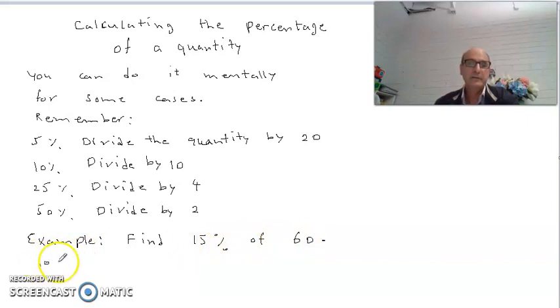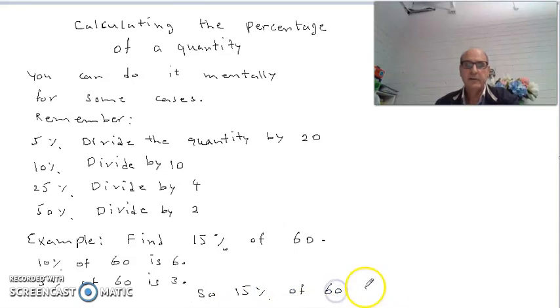So 10% of 60 is 6. 5% of 60 is 60 divided by 20, which is 3. So 15% of 60 is these two added together. 6 plus 3, which is 9.